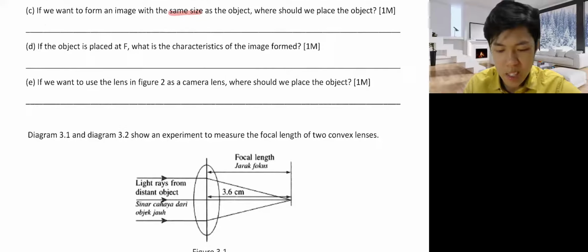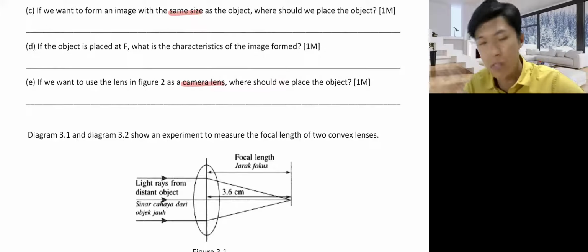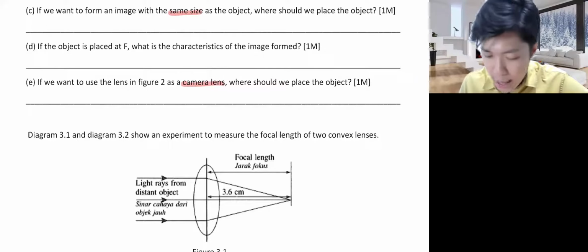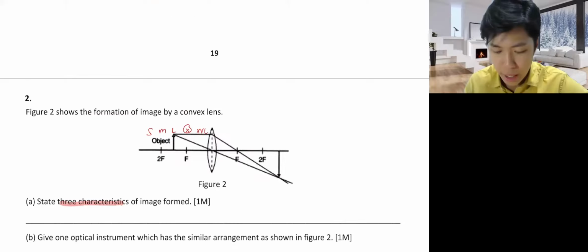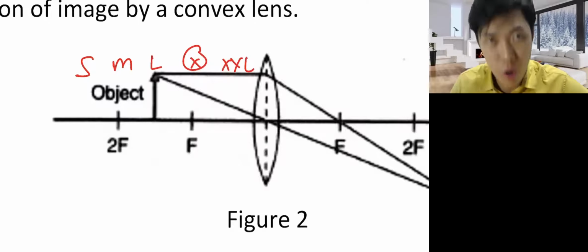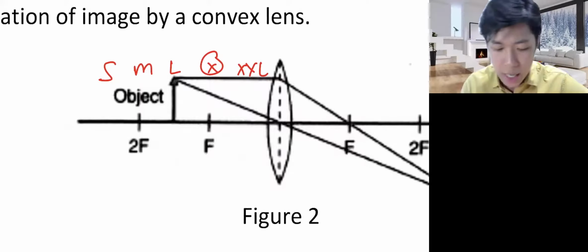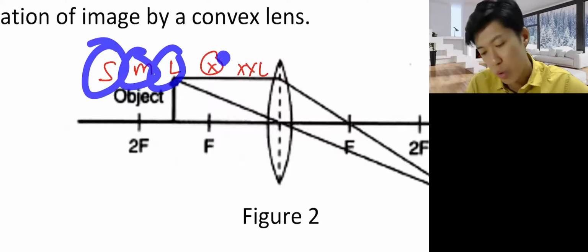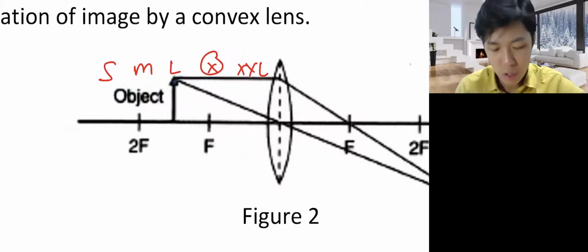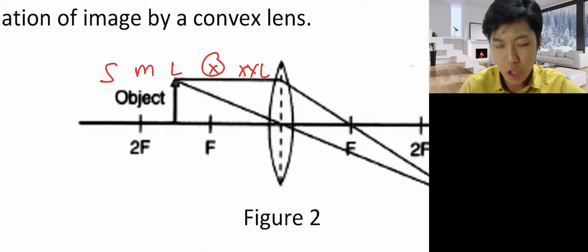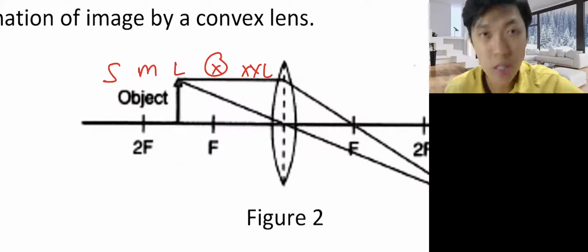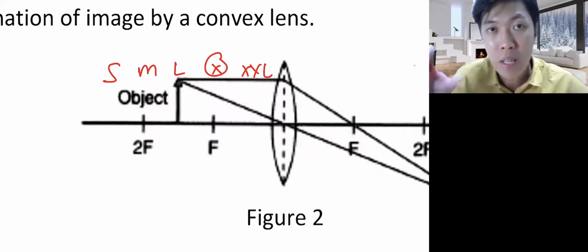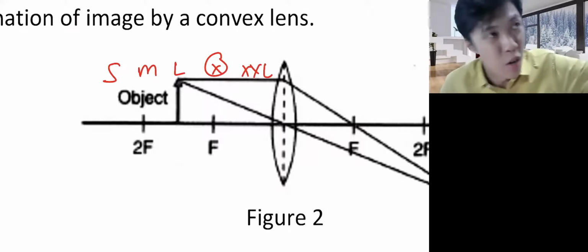If we want to use the lens as a camera lens, where should we place the object? Camera, you know which one, right? This one, this one, or this one. So camera is smaller, or S size, right? The picture that comes out is smaller than the real one.